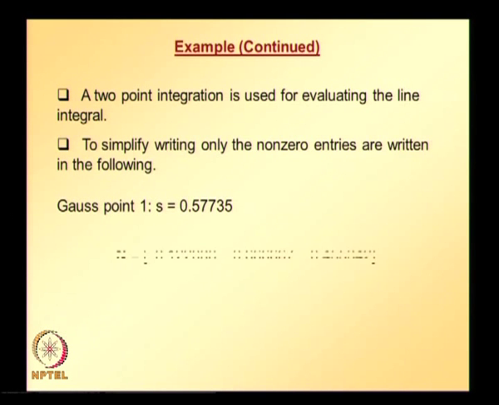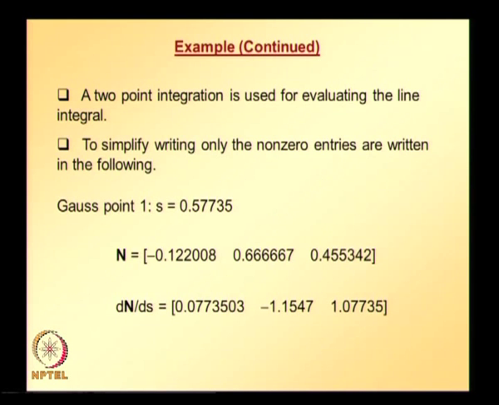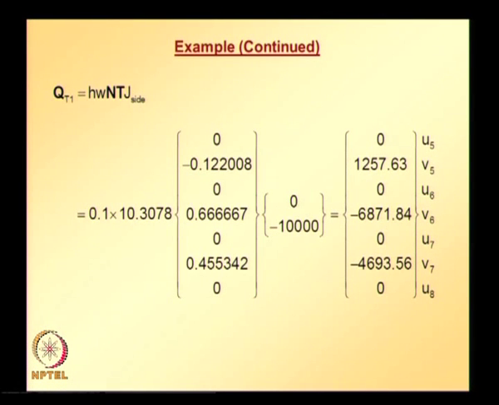So, for the first integration point, the shape function vector comprises the shape function values of nodes 5, 6, 7, and the derivative of that, and the Jacobian, and finally evaluating the equivalent nodal load vector at integration point 1, we get this.